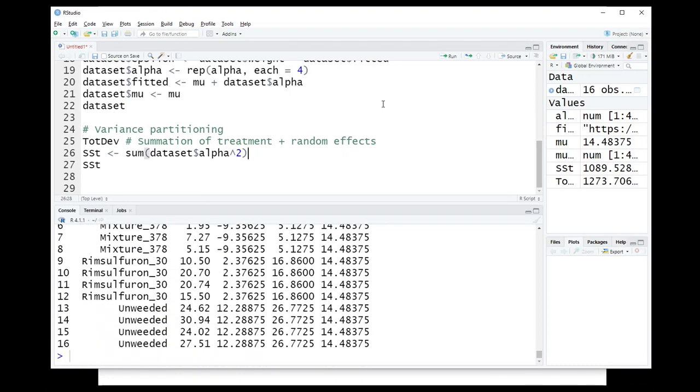So this would be the treatment effect. And we can also calculate the deviance for the error term. How do we do that?